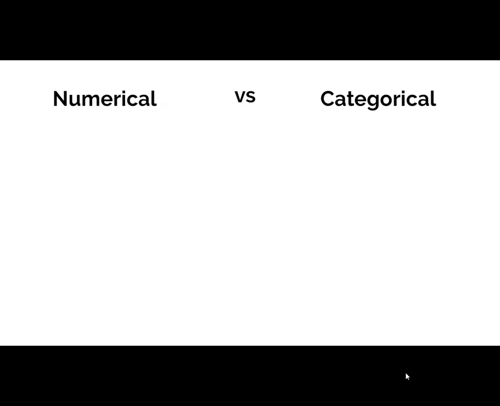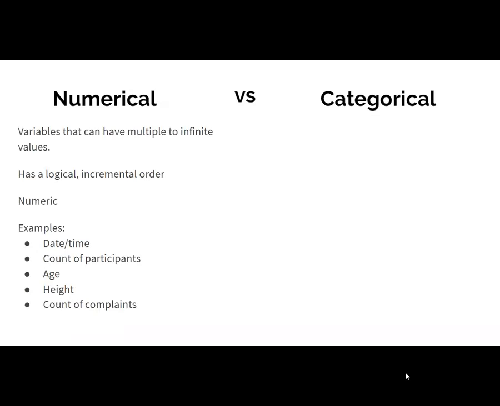But numerical is when it is basically specific numbers. Yes, perfect, exactly. Numerical variables can have multiple to infinite values. They have a logical and incremental order. Some examples are date and time, the count of participants, age, height. They're actual numbers and they relate to each other in a certain way.